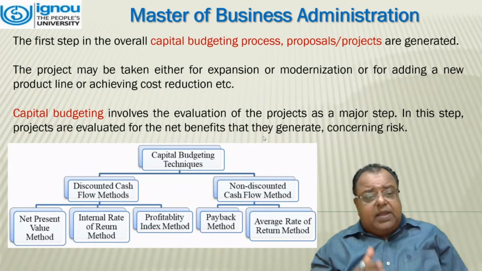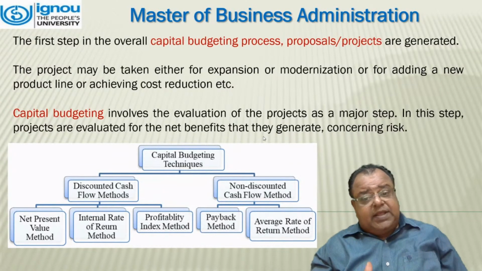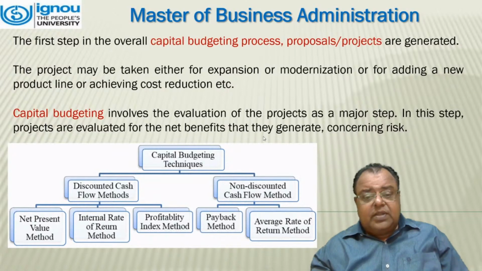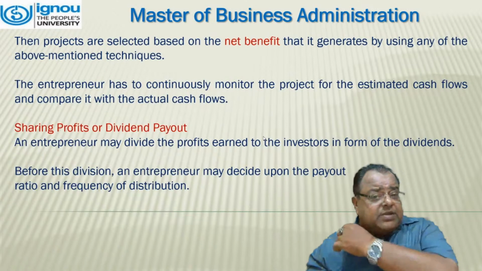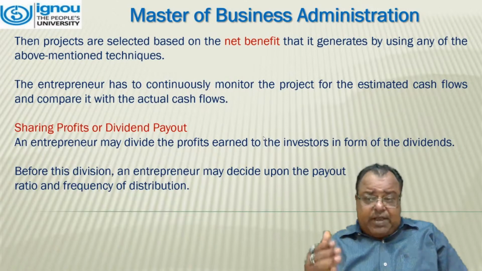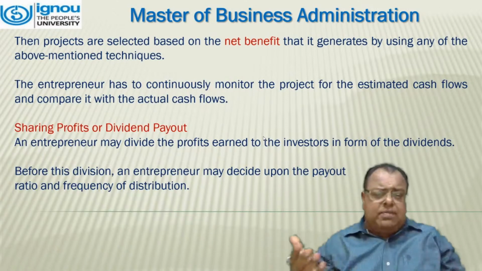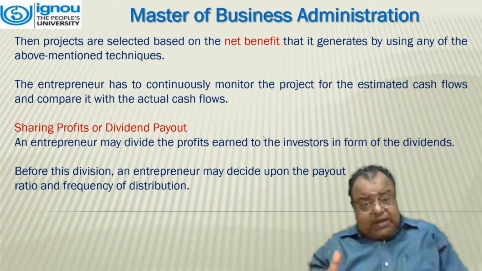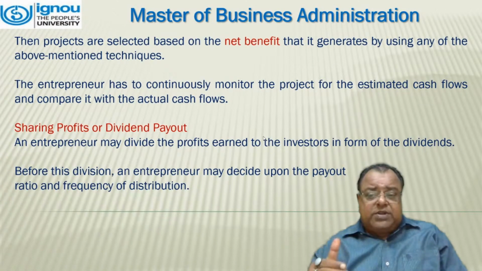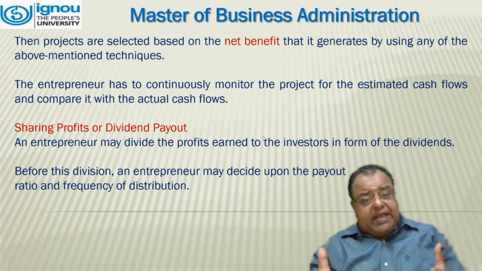In this step, projects are evaluated for the net benefits that they generate concerning risks. Then projects are selected based on the net profit that they generate by using any of the above-mentioned criteria. The entrepreneur has to continuously monitor the budget for the estimated cash flows and compare it with the actual cash flow.